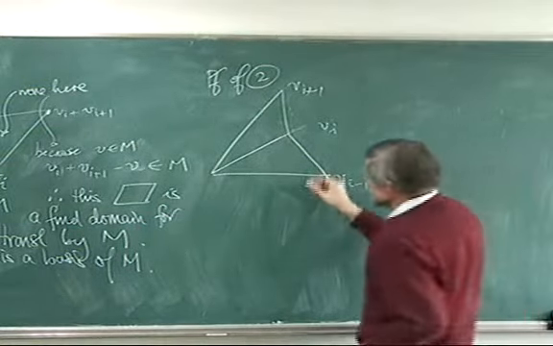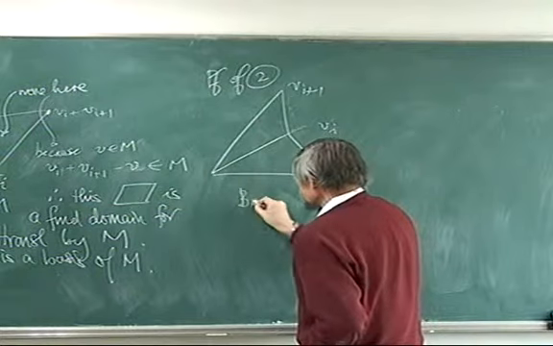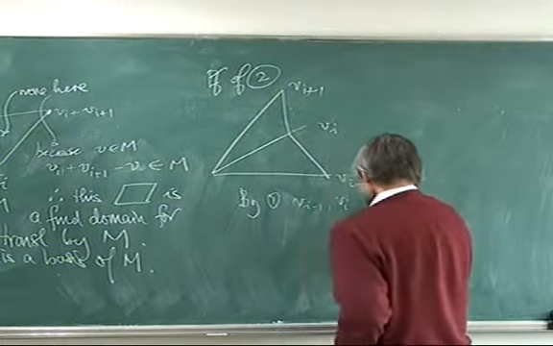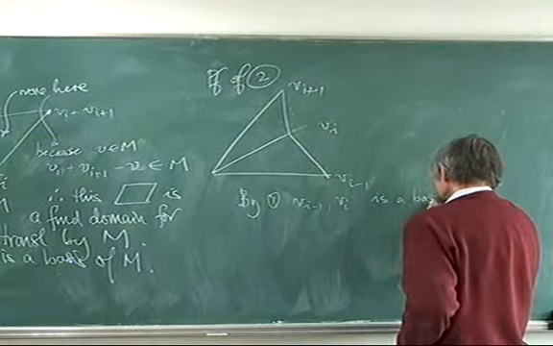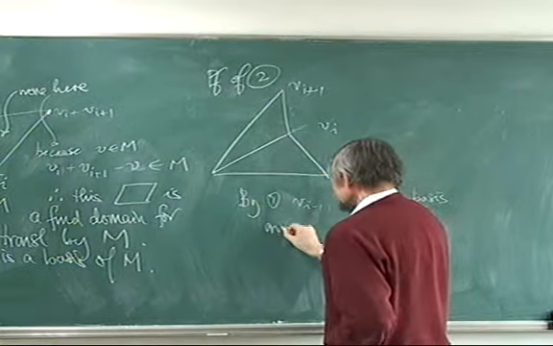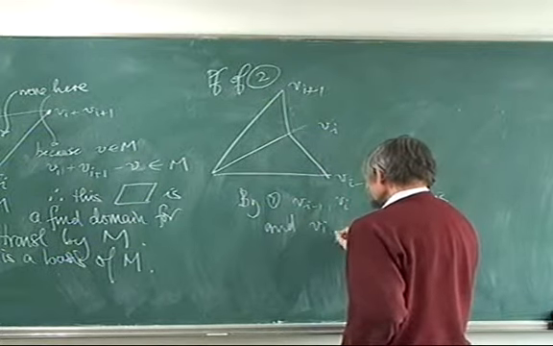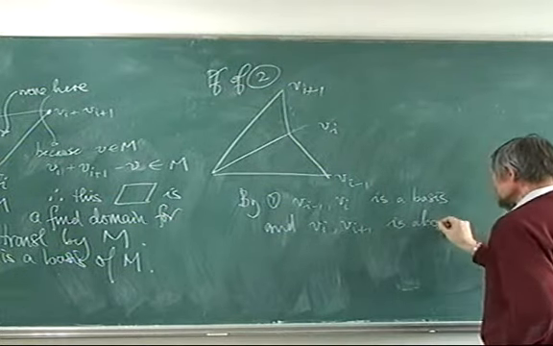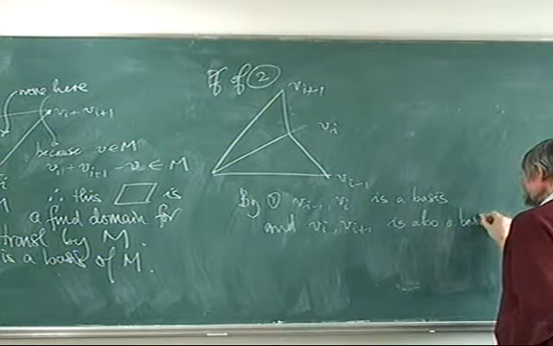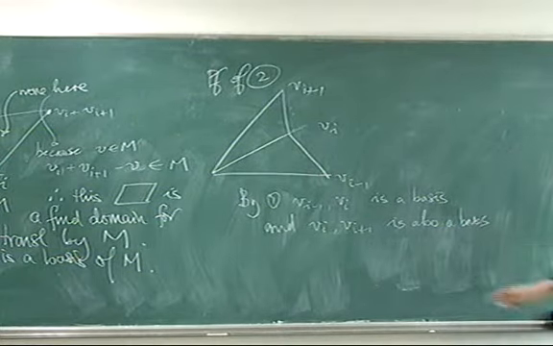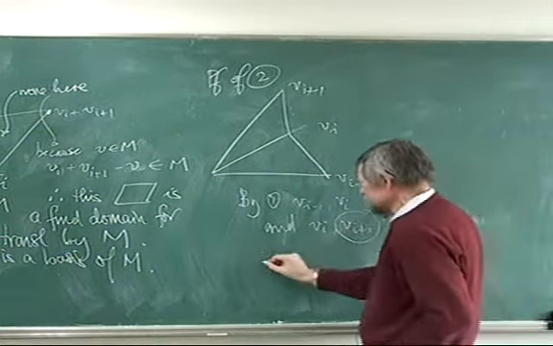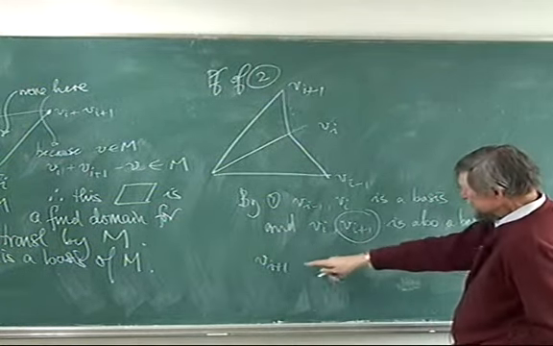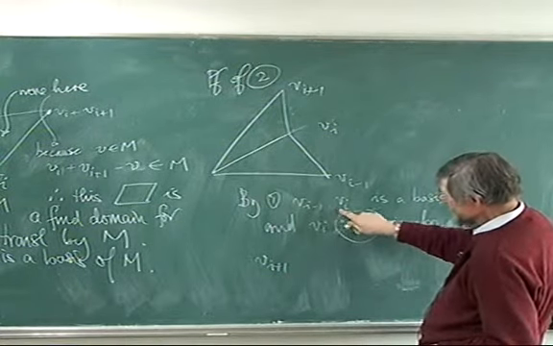Well, so by 1, v_{i-1}, v_i is a basis, and v_i, v_{i+1} is also a basis. And so let's take this one, v_{i+1}. This is certainly some point in the lattice, so certainly it's a linear combination of these two.